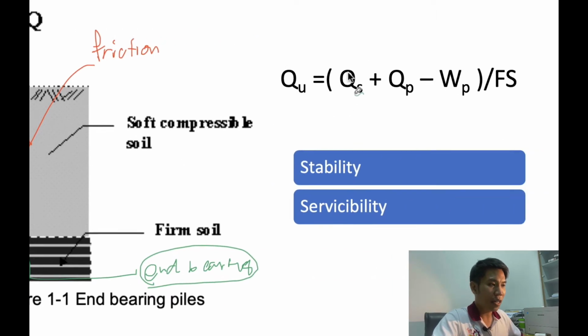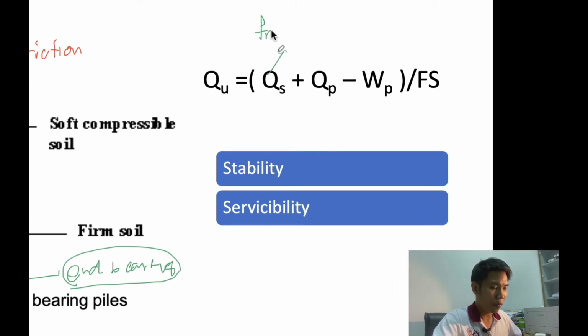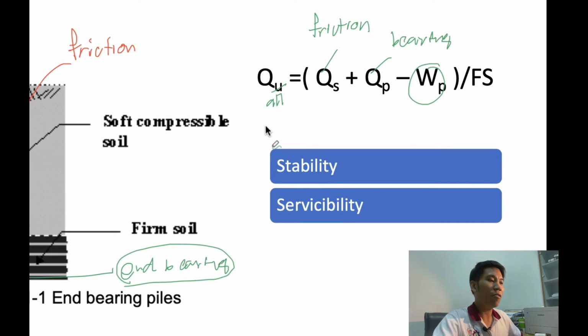The first one is friction, and the other one, Qp, is end bearing. Friction and bearing, and the other one is the weight of the pile itself. We can calculate the so-called Q allowable.